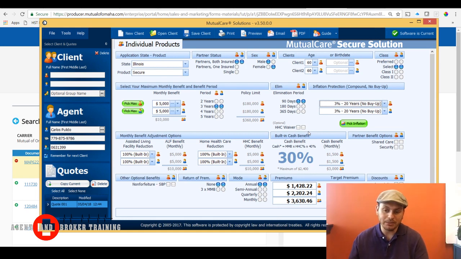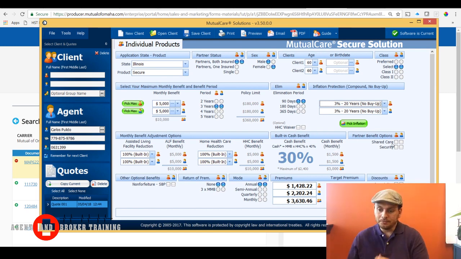So that's what it means by built-in cash benefit. Instead of going to a nursing home or having a nurse come in, you want to pay yourself or you want to pay a family member, then they'll give you 30% of the cash benefit. 30% of 5,000 is $1,500 bucks. So the daughter would get $1,500 a month for taking care of them.